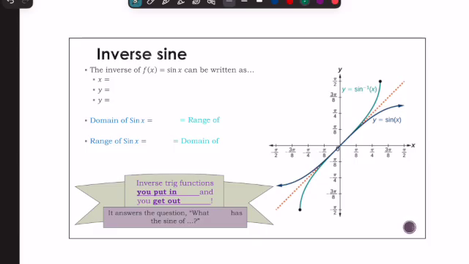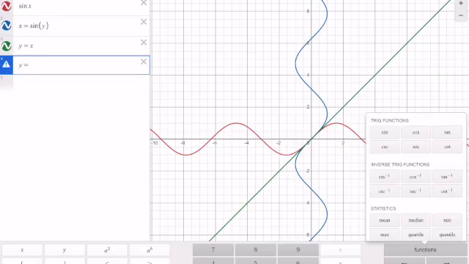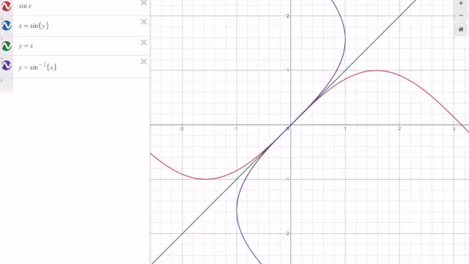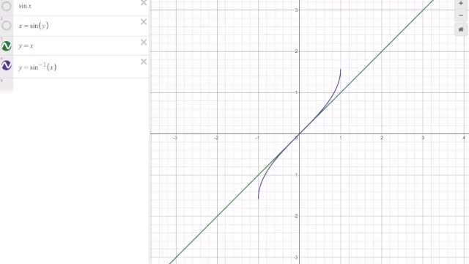The inverse of f of x can be written as sine of y, which is this blue function right here. We can also come in and let y equal, and then we go to our functions and do the inverse sine, and look at that. It lies perfectly on top of that blue one. And if I take away the blue, let's take away the red as well. Blue's off, blue's on, blue's off, blue's on.